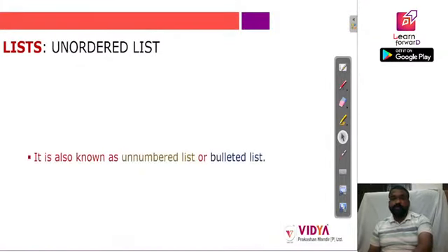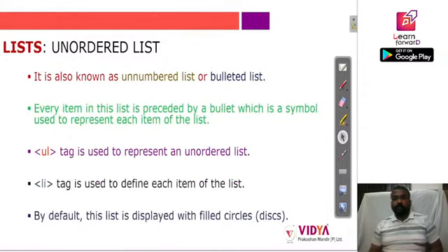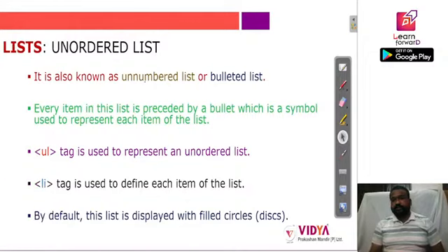Let's see now the second list, which is the unordered list. Basically this is called an unnumbered list or bulleted list. Why is it called so? Because in this we are going to use some symbols to represent our list items.